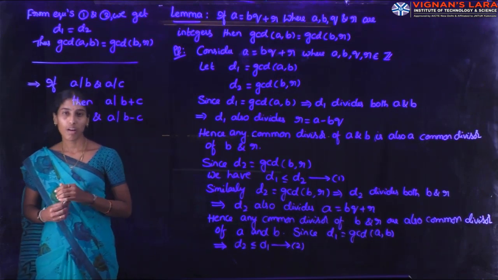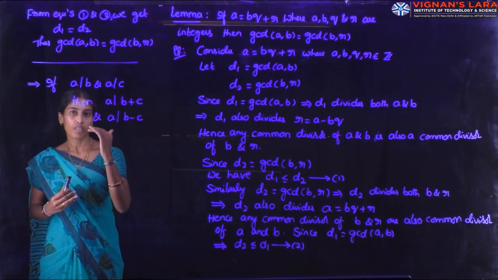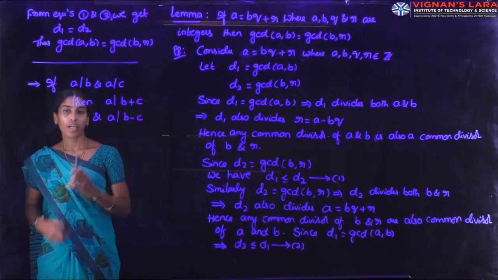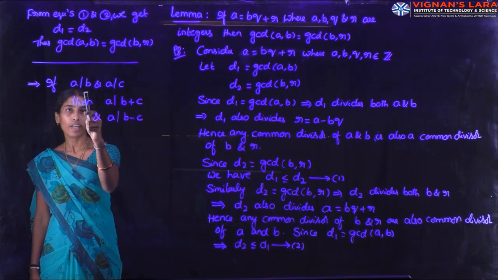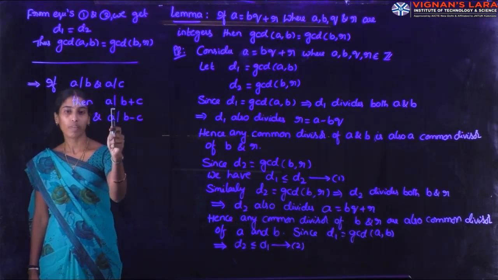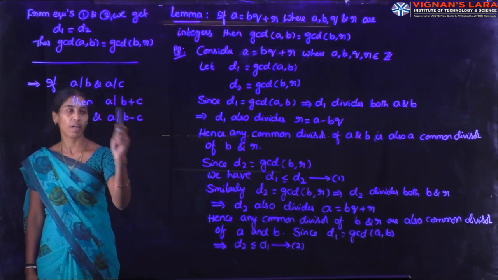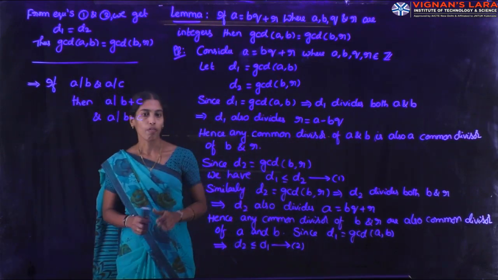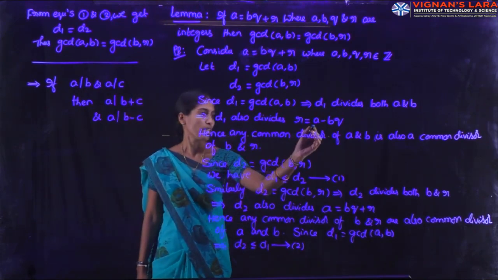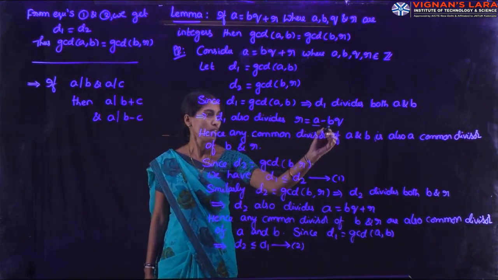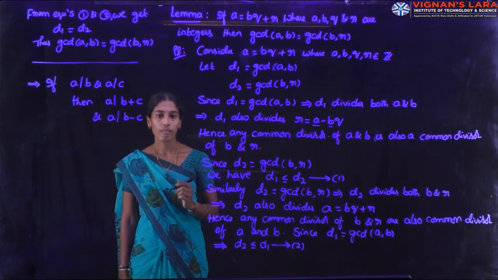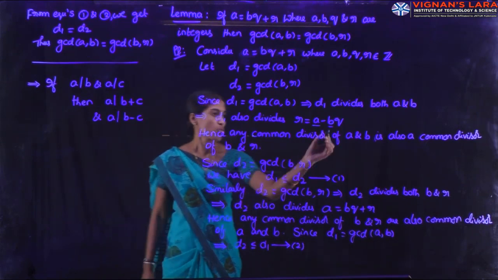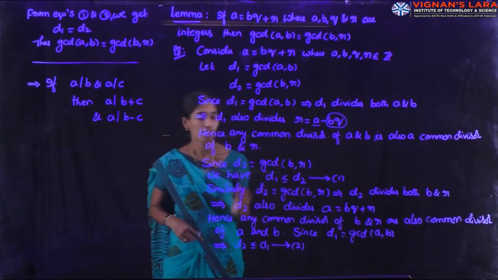In the previous lecture we proved this. After the definition of divisibility, we proved some 7 or 8 results on divisibility. Among those 8 results, this is one of them: if A divides B and A divides C, then A divides both B plus C and B minus C. Since D1 divides both A and B, D1 divides A and D1 divides B. Because D1 divides B, D1 also divides multiples of B. So D1 divides BQ, right?